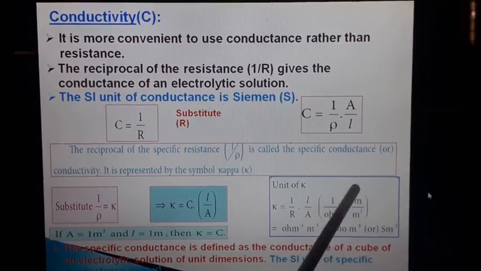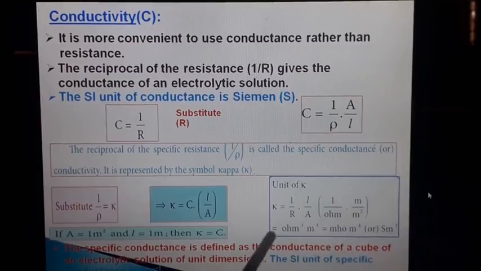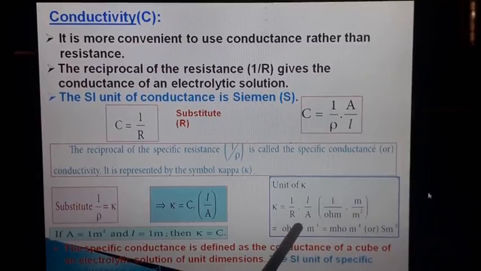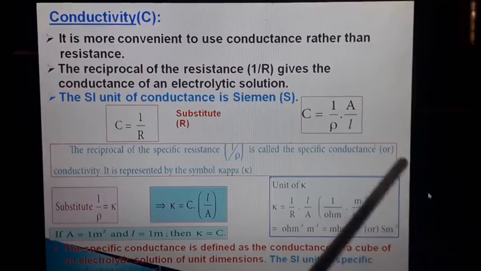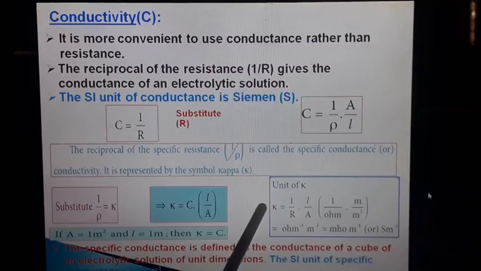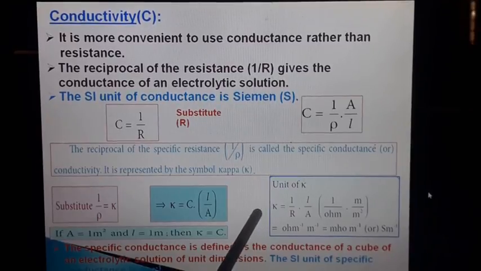M and M square, one M is cancelled, therefore ohm power minus 1 m power minus 1, which is mho per meter or S m power minus 1. This is a very, very important formula for kappa. Okay, understand?